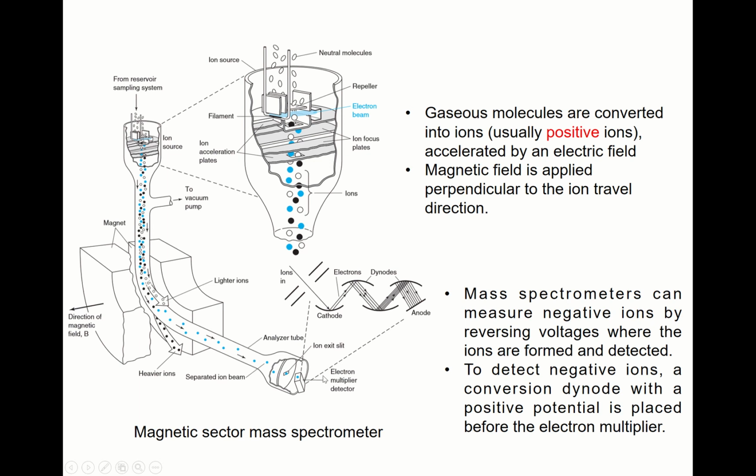So negative ions could be detected, but usually positive ions are detected, okay. To detect negative ions, a conversion diode with a positive potential is placed, okay. So this diode must be positively biased to detect the negative ions, but these diodes are usually negatively biased, okay.